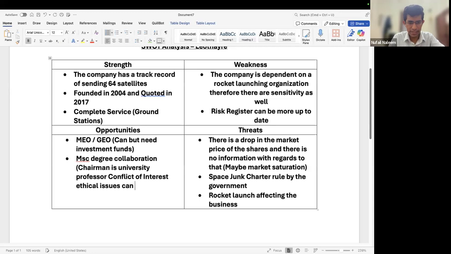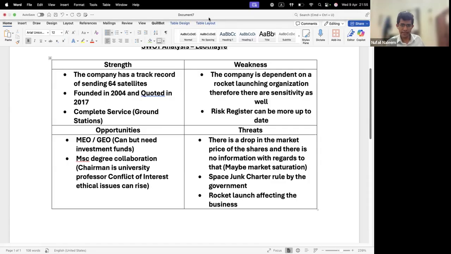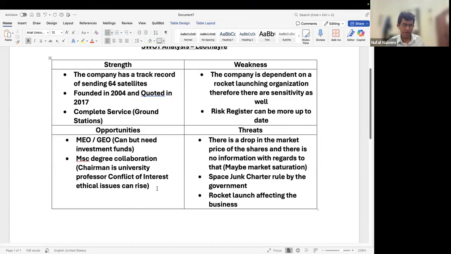Ethical issues can rise. Can I quickly get again a Y in the chat box, students, with regards to this perspective? Ethical issues can rise in the examination for your understanding. Thank you for that point of view.